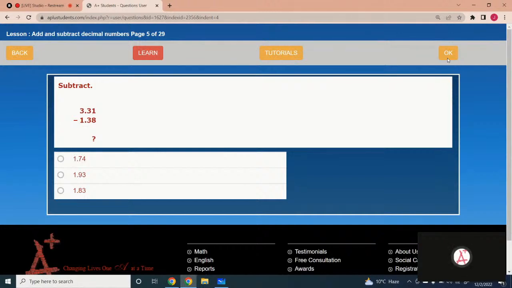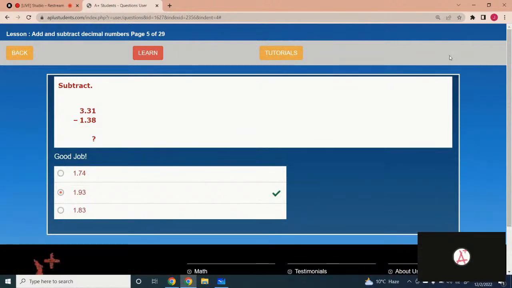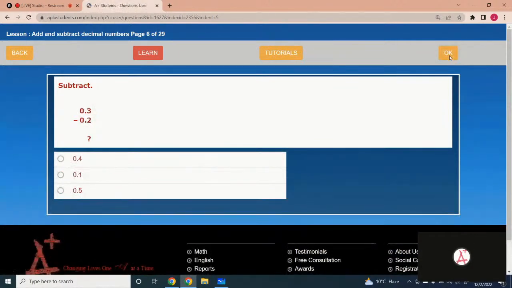Yes, it would be 1.93. Got it. Just select the correct option and click on the OK button. Okay, 0.3 subtract 0.2, so the answer is 0.1. Got it. Just select the correct option and click on the OK button.